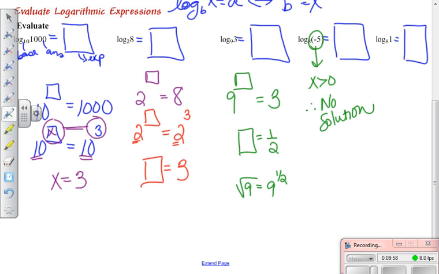Now in this last example, 8 to what power equals 1? If you go back to your exponent rules and remember anything to the 0 power is 1, then we know our missing exponent is 0.